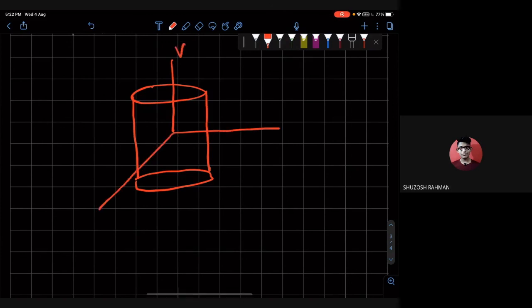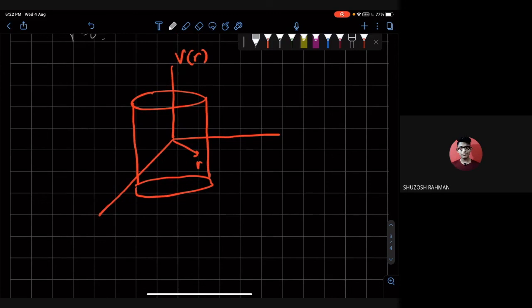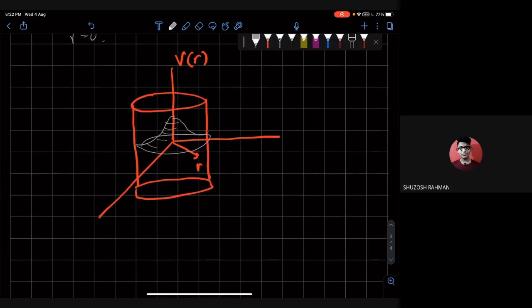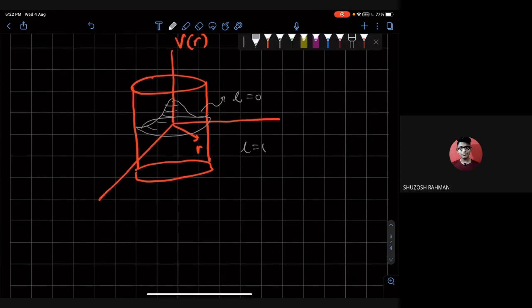Okay, so this is V of R, and this is R. That means that the wave function for this kind of system will only be non-zero at the origin if the angular momentum of that state is 0. If the wave function looks something like this, that means that its L is 0. If L is 1, then it'll be something more complicated.